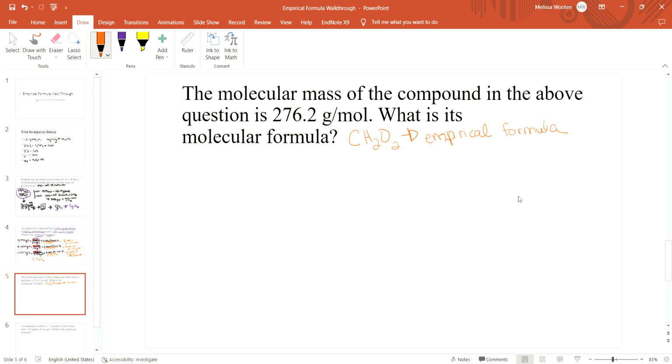The molecular mass is 276.2 grams per mole. So what is the molecular formula? So this is a lot like the first problem we did. When we're going from molecular to empirical formula, or so I said it backwards again. We have the empirical formula, we're going to the molecular formula.